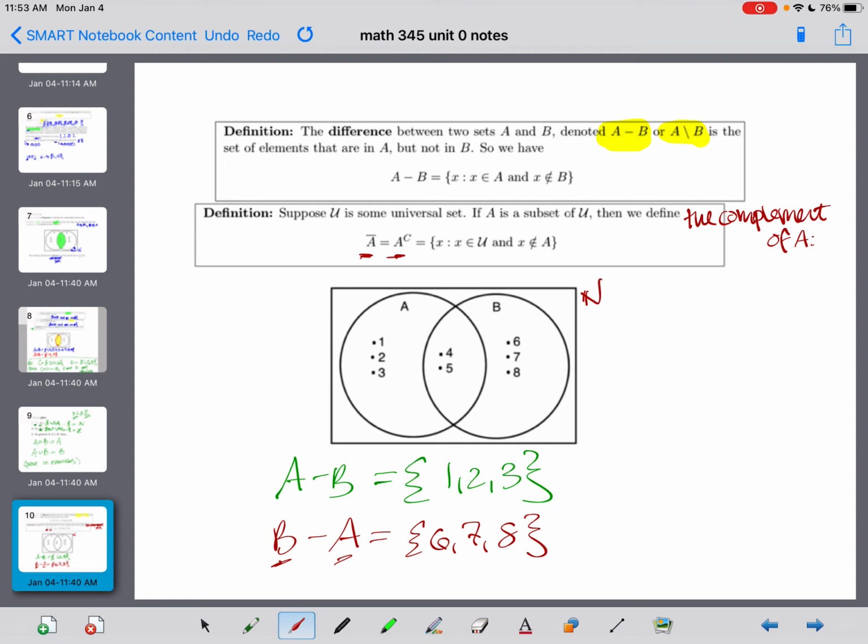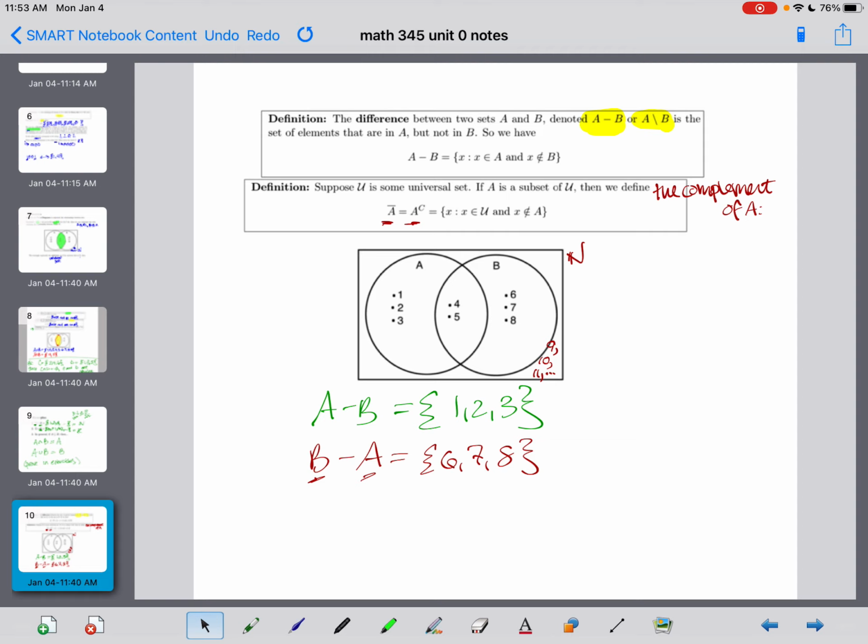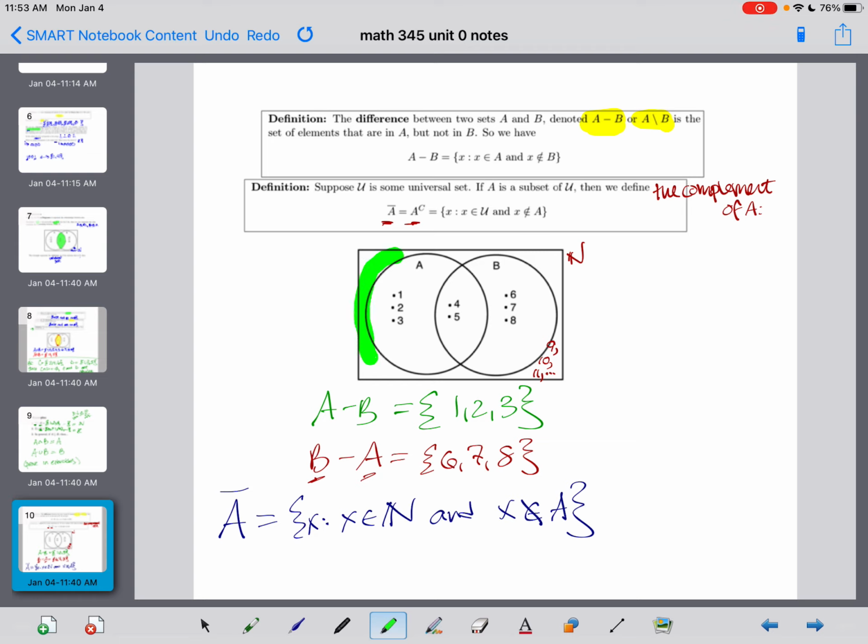Remember that within this box, we also have all of the natural numbers that aren't in A or B. So we had 9 out here, 10, 11, etc. If we wanted to define A complement, we want everything in the universe, everything that's a natural number, such that x is not an element of A. In other words, we want to take everything outside of A. That's going to be our A complement.